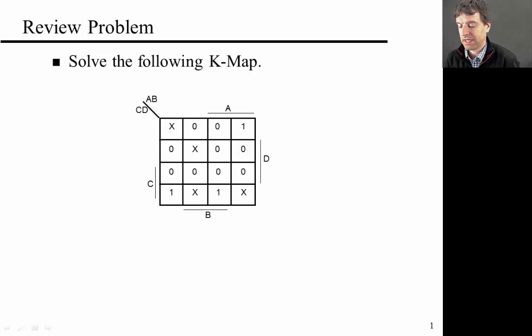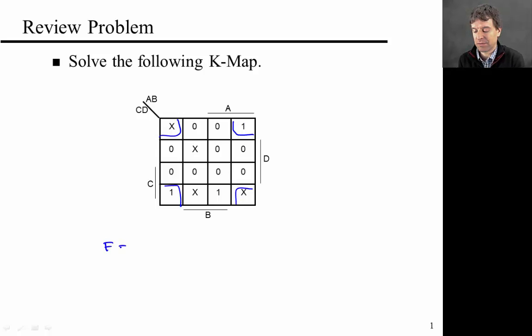What I see here is that there are two circles. The first one is actually a little bit tricky. It's around these edges here. You have to remember that K-maps wrap around the edges, that there's adjacency between the very left and the very right column and the bottom and the top column. So the largest circle that covers these two ones is the circle that covers all of these edges.